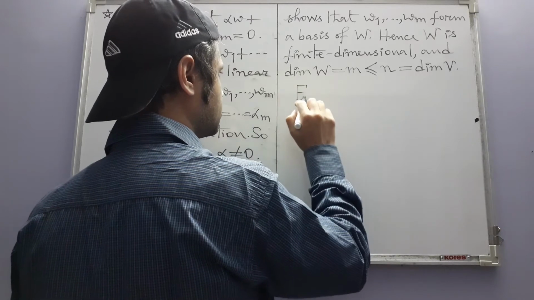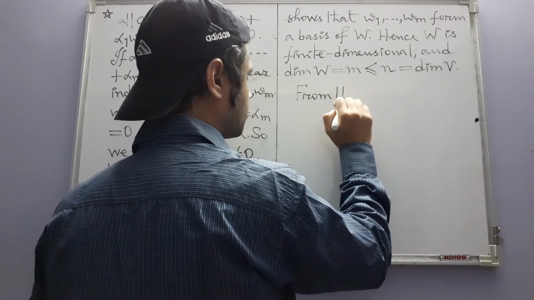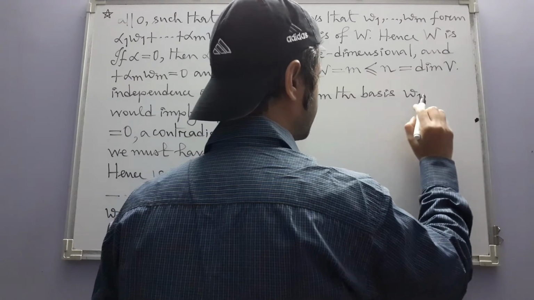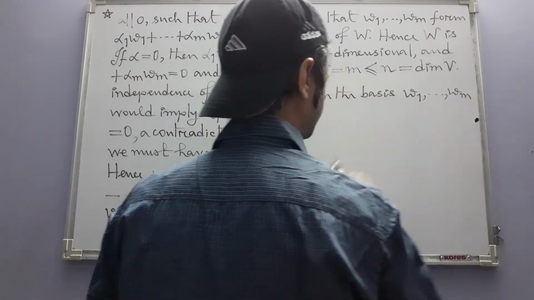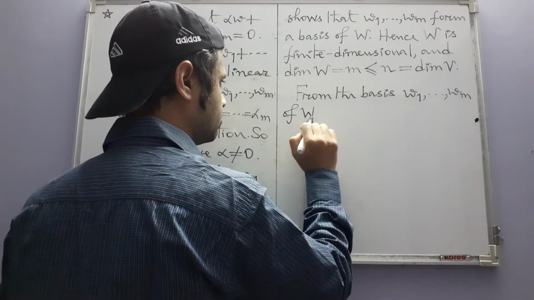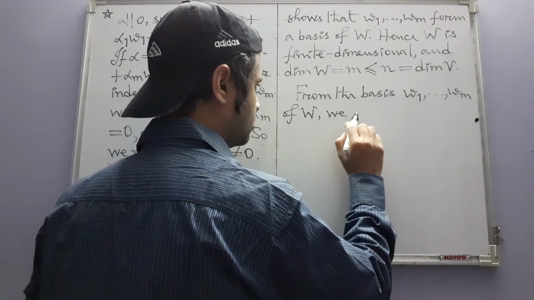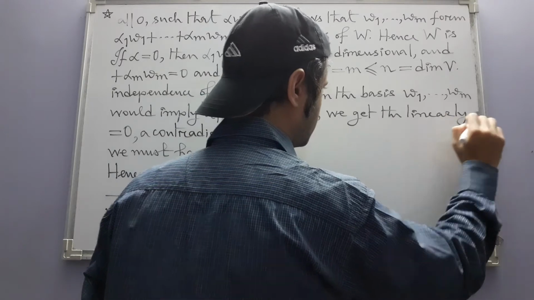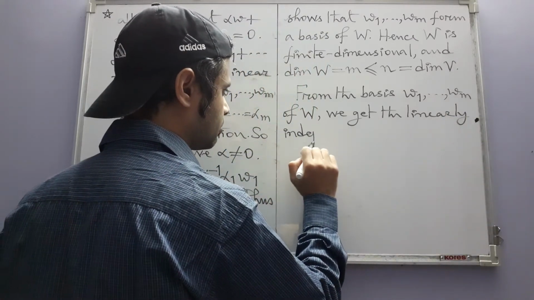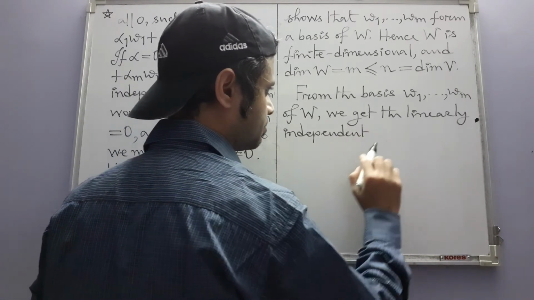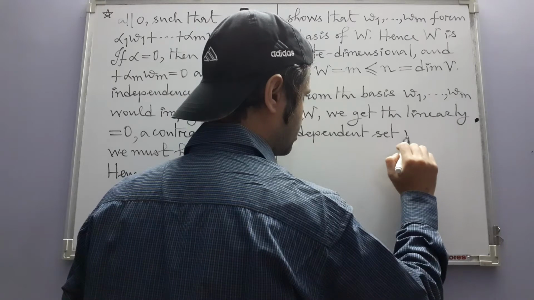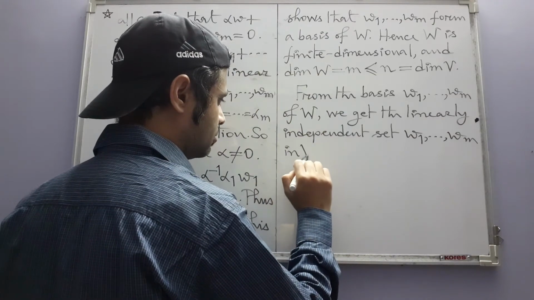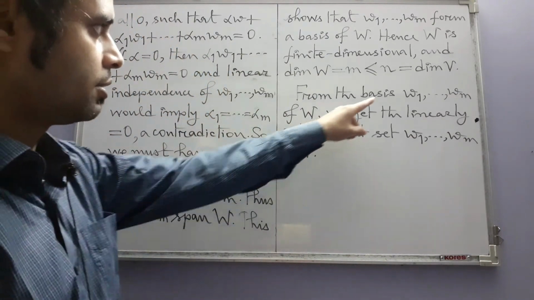From the basis, so we now have this basis for W. Of W, we get the linearly independent set in V. Being a basis of W, this set is linearly independent.